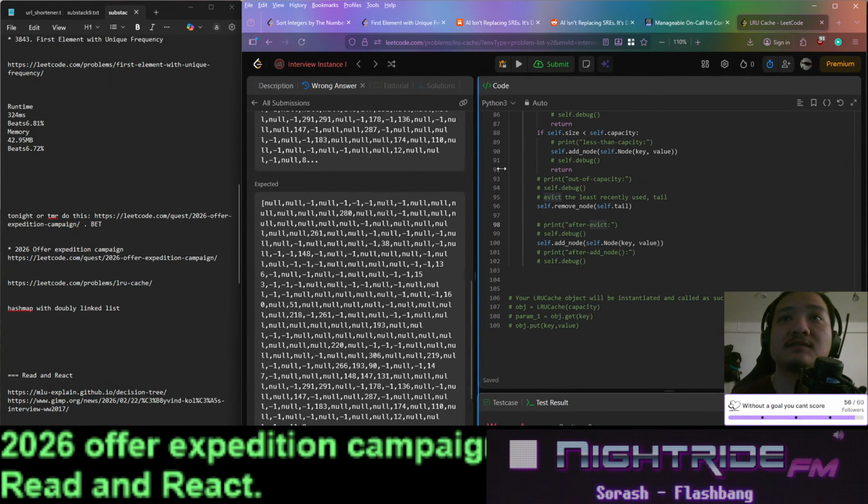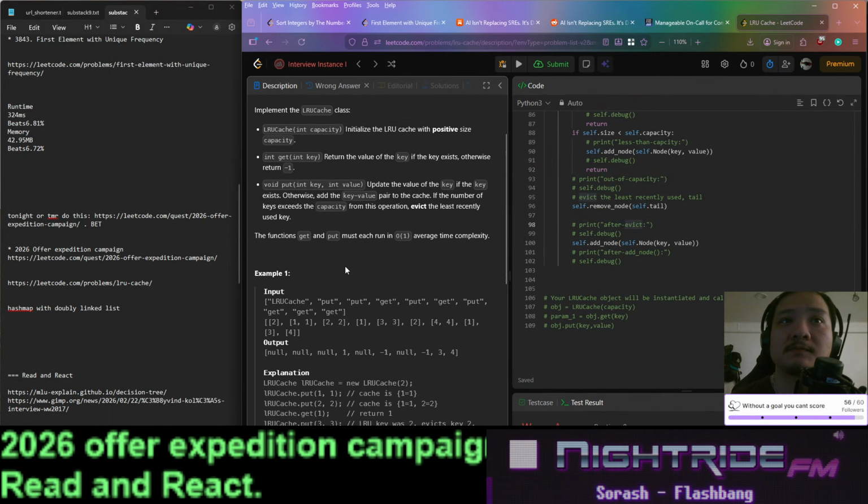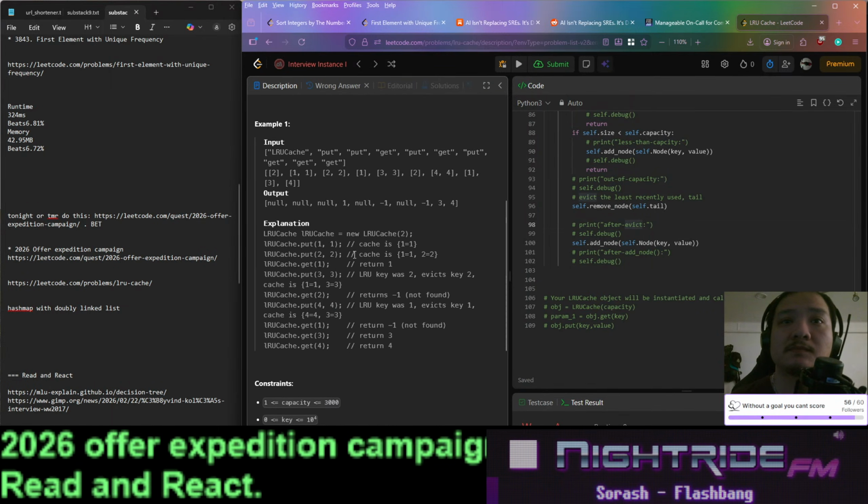Okay, let's read the description again. Every time we call get, right, this means this should move to the front, right? So when we are out of capacity, we evict the one at the bottom tail, right?